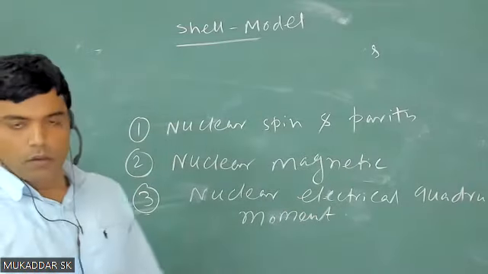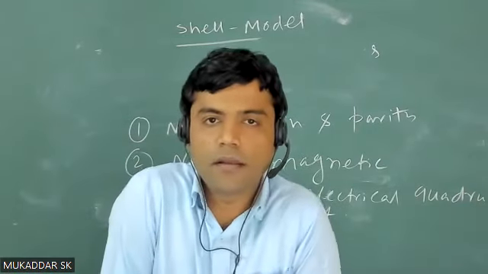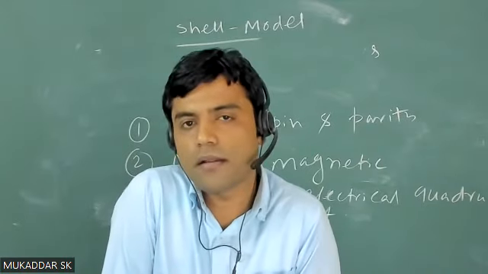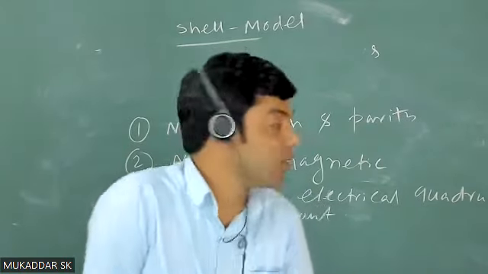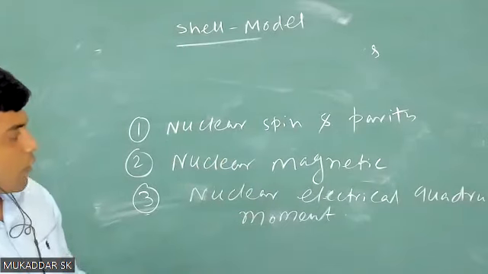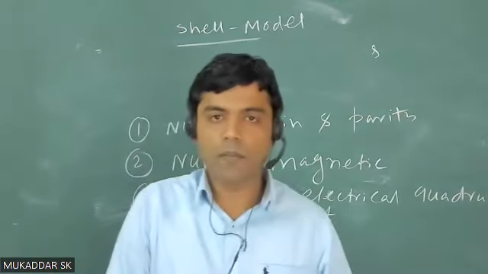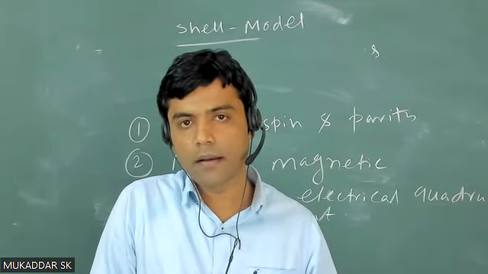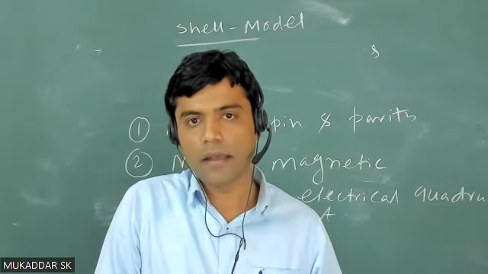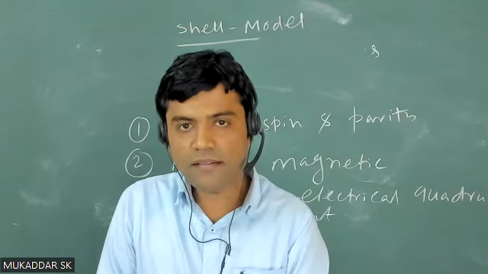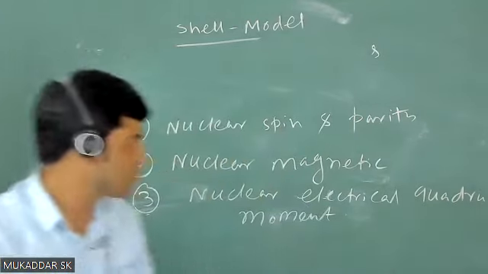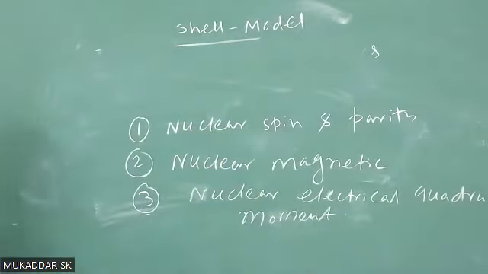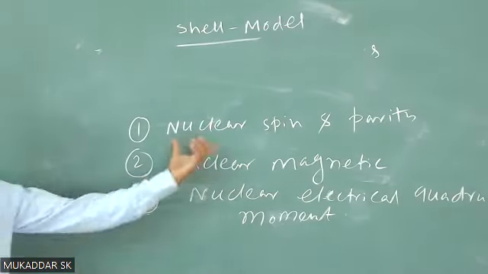Okay. So scientists started thinking, if it has shell structure, then that shell structure should explain these properties. So these are the goals of nuclear scientists, that we have to build a model that will describe shell structure, and that shell structure should describe these properties.